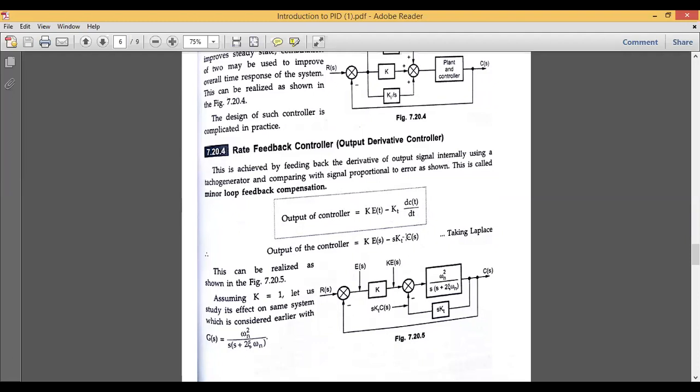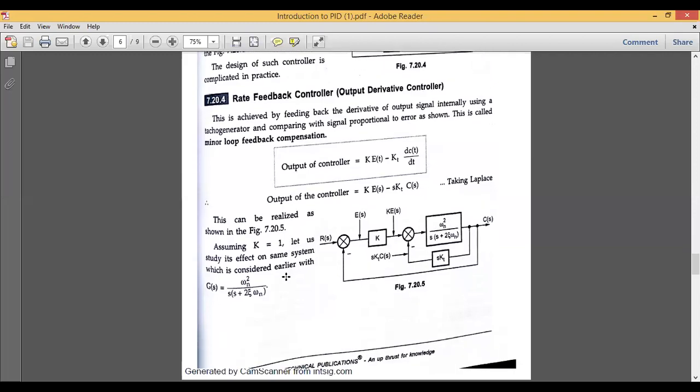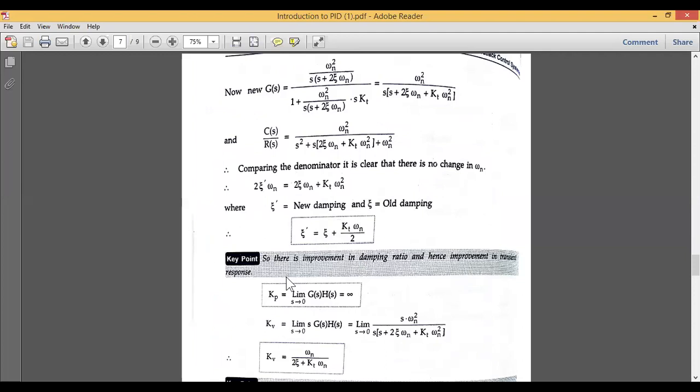After that, we redrew the block diagram of 7.20.4 as 7.20.5, representing the complete block of omega n squared as G(s), and simplified it to obtain the overall transfer function for the given system.